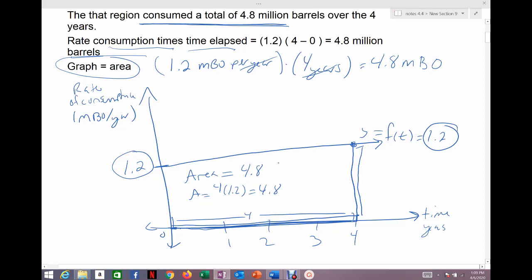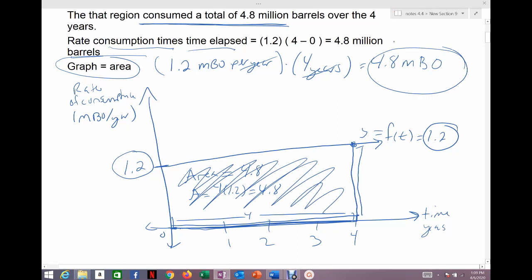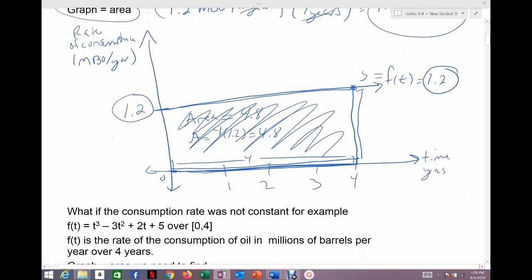And so this area here is equal to the amount of consumption, the area under my rate of change function, which I can find because it's a nice rectangular shape.